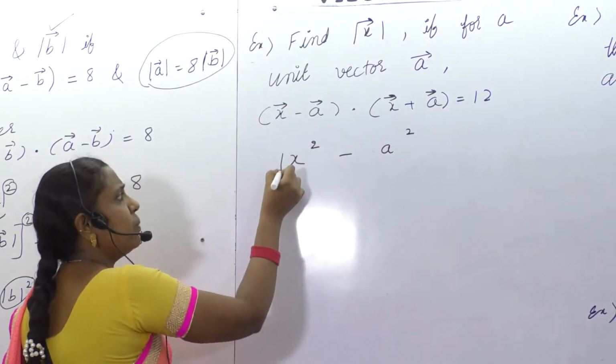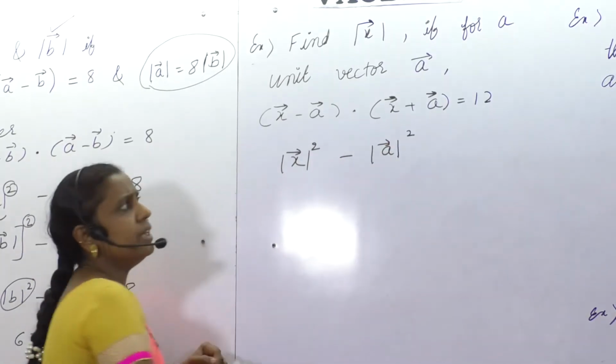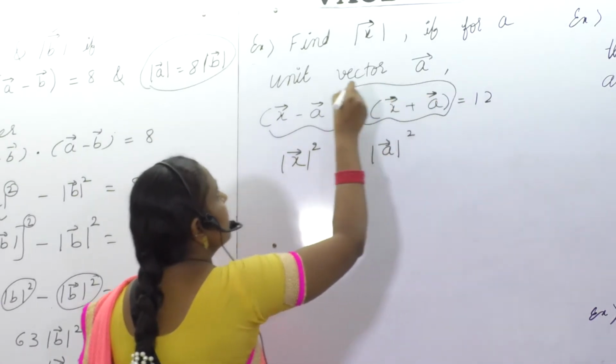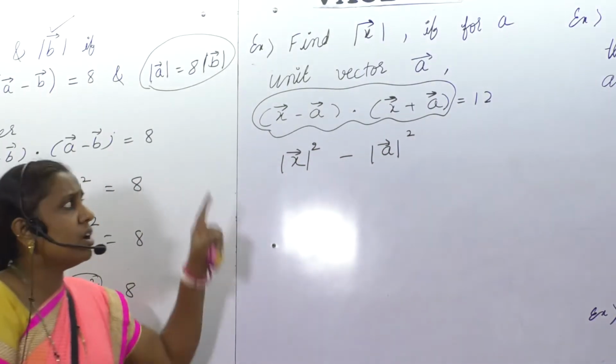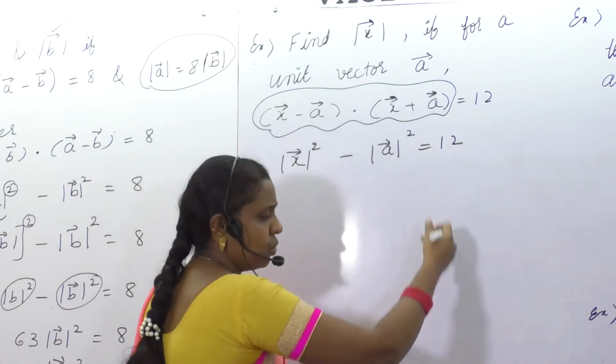But write it in a proper manner like this, in the magnitude expression. On solving this statement at the LHS, we got the expression equal to 12, to be carried toward the simplification.